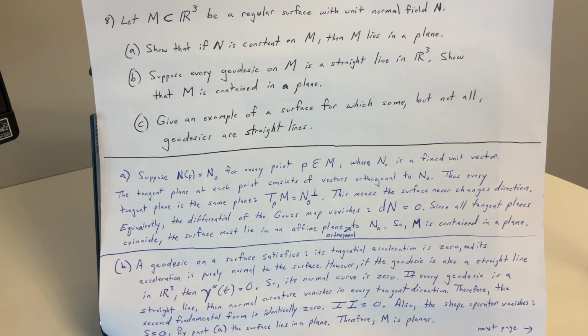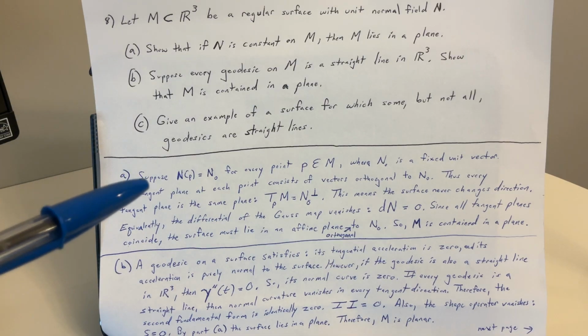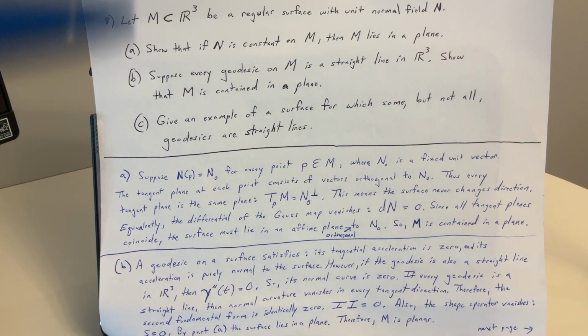I'm going to go through this quickly just so you have it, but this would definitely be one of the more challenging ones. Think it through. That's an interesting problem, though. Suppose N of P equals N naught for every point P in M, where N naught is a fixed unit vector. The tangent plane at each point consists of vectors orthogonal to N naught. Thus, every tangent plane is the same plane.